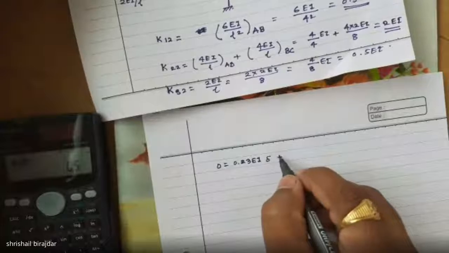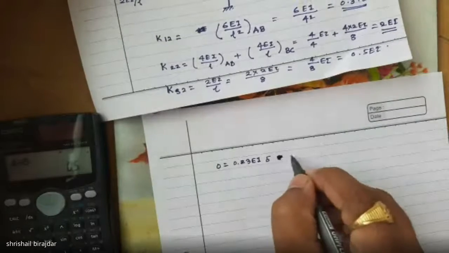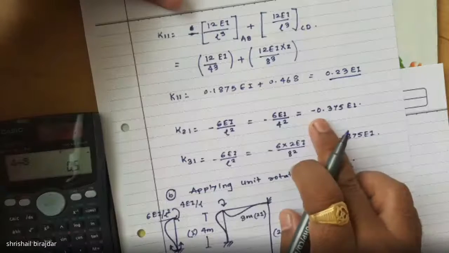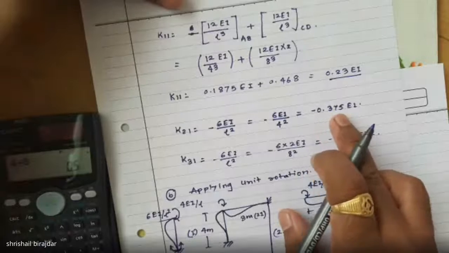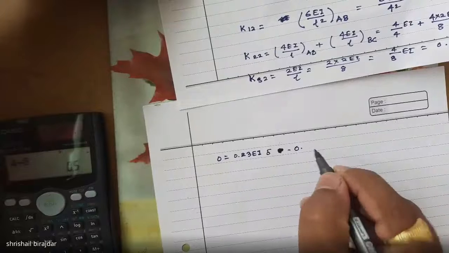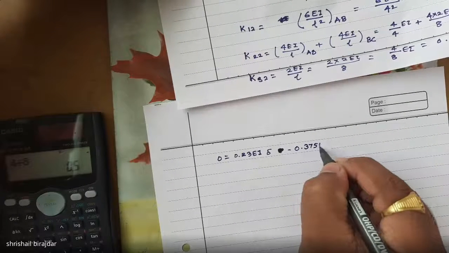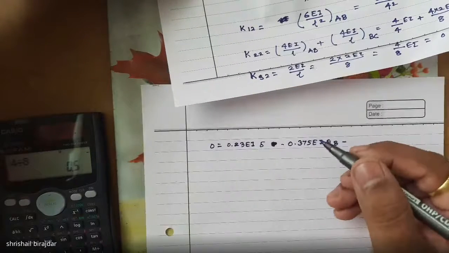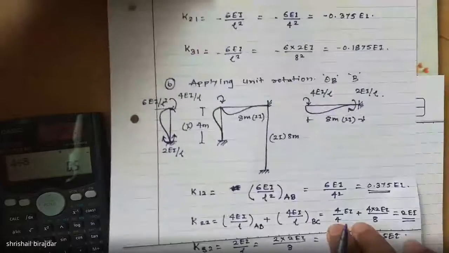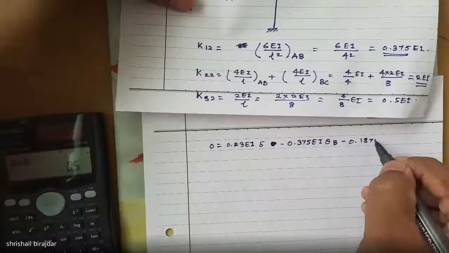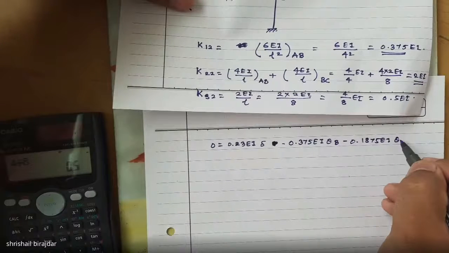Instead of plus, you will take just minus, because the coefficient here is K21 equal to minus 0.375 EI. So you will take just this minus 0.375 EI theta B, minus, this particular K31 equal to 0.1875 EI theta C. This is equation number 1.